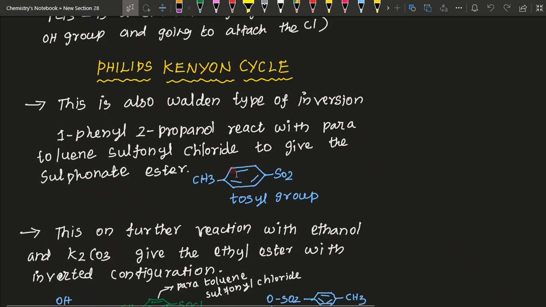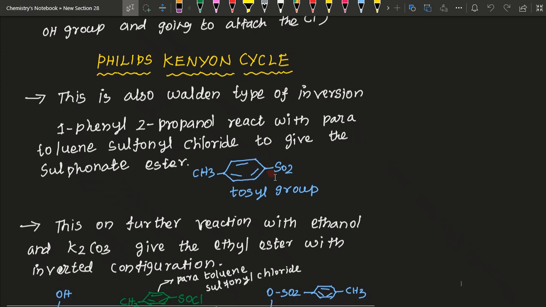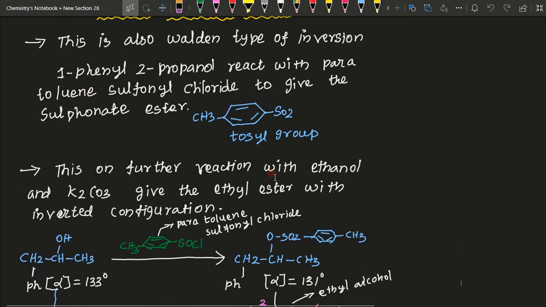See, because sulfur is attached here, this is one of the functional groups. It is called the tosyl group. Further reaction with ethanol and K2CO3 gives the ethyl ester with the inverted configuration.